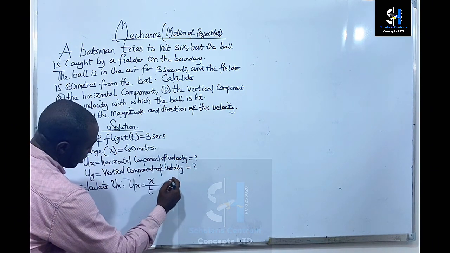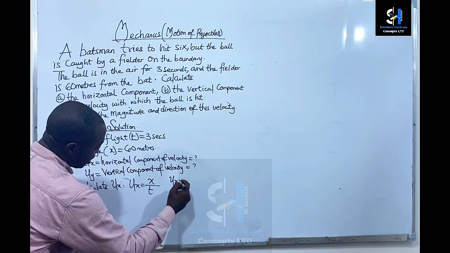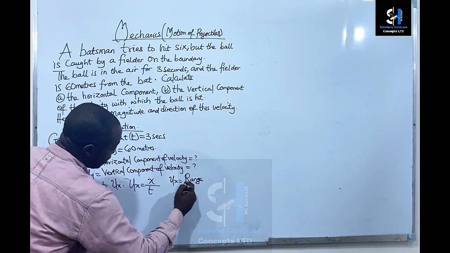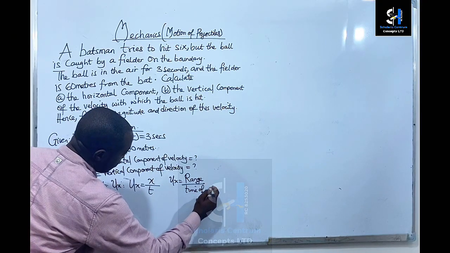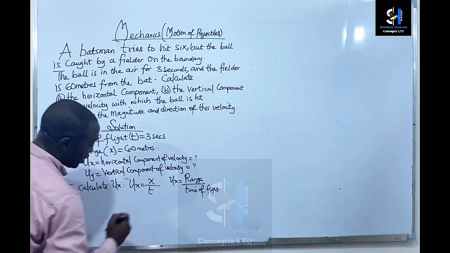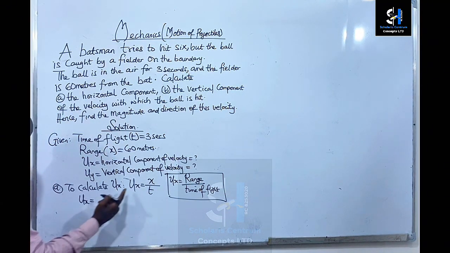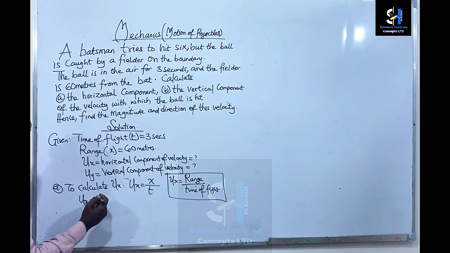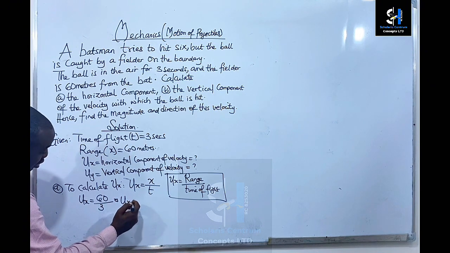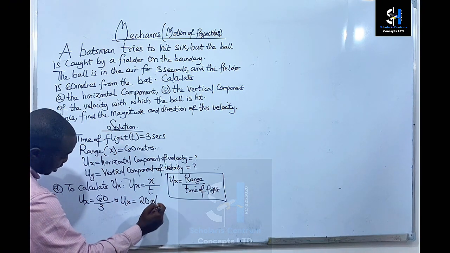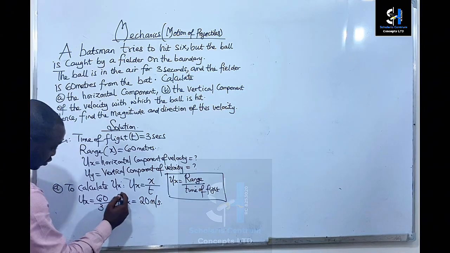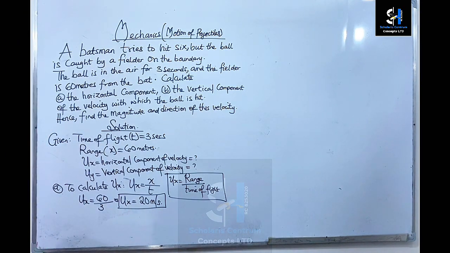So Ux equals 60 divided by 3 seconds. So Ux will be equal to 20 meters per second. So this is the horizontal component of the velocity.